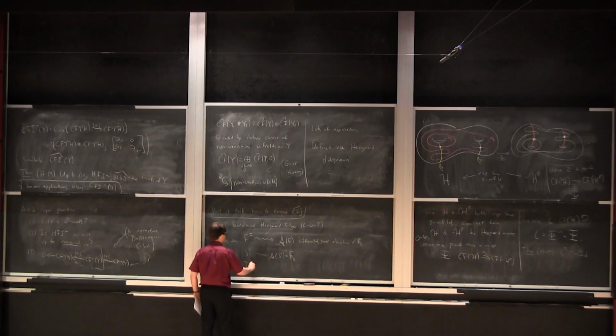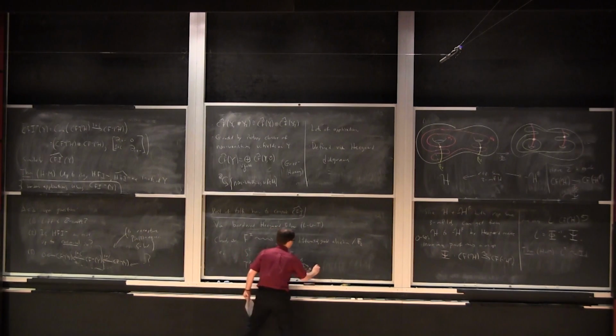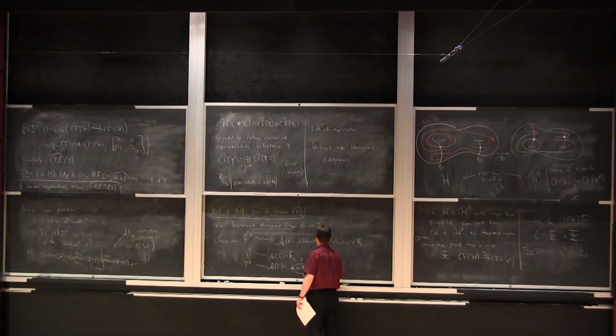For the torus, the algebra associated to the torus has a nice description as a path algebra with relations. I'll write it this way: rho 1, rho 2, rho 3, modulo rho 2 rho 1 and rho 3 rho 2 being 0.